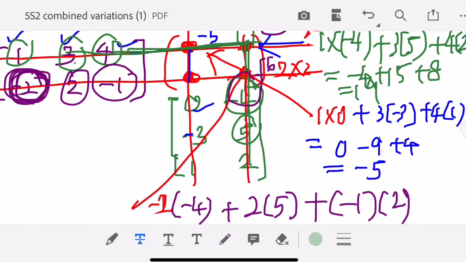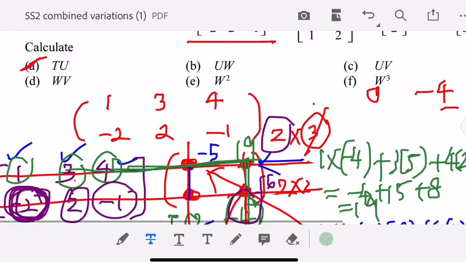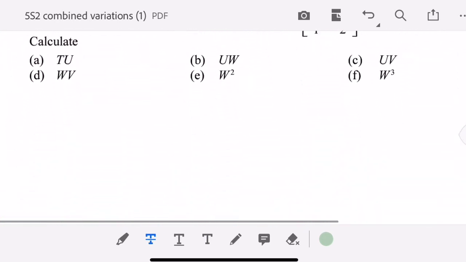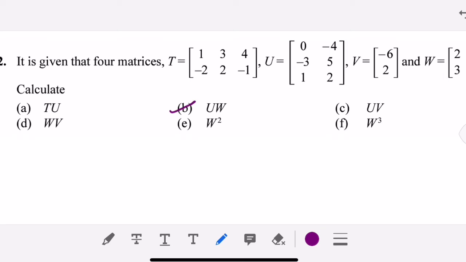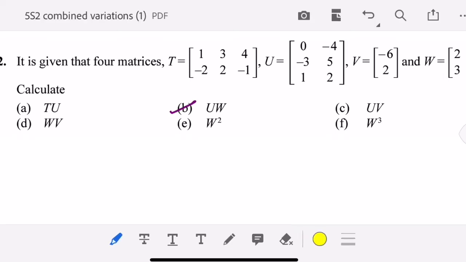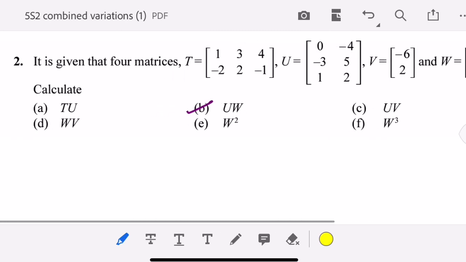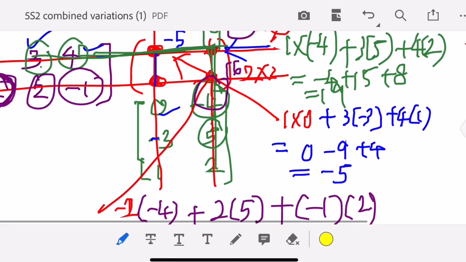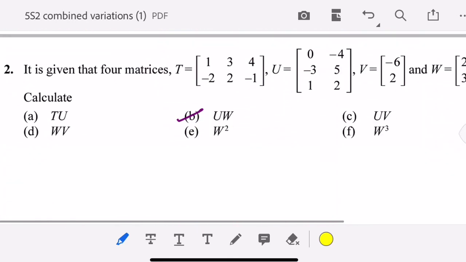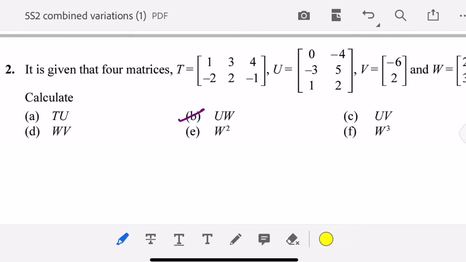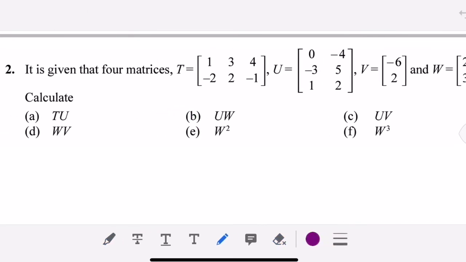So finally we write properly. We will write properly for the answer. After we do, we can write like this. Let's do again. So for the B, we will take U times the W, right? Which one just now? We are doing A, TU, right? TU. So later we'll do B. So we write again 1, 3, 4, negative 2, 2, negative 1.